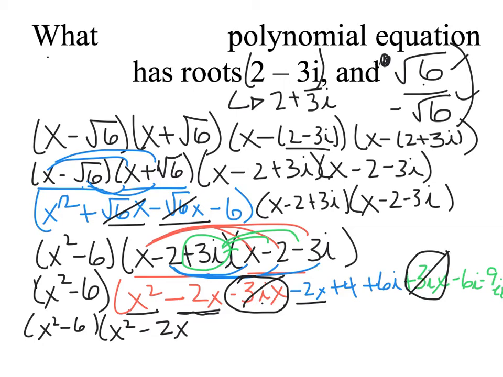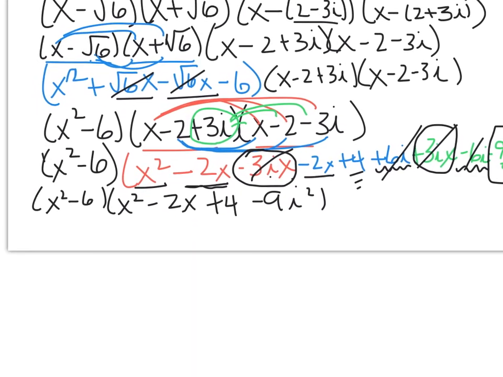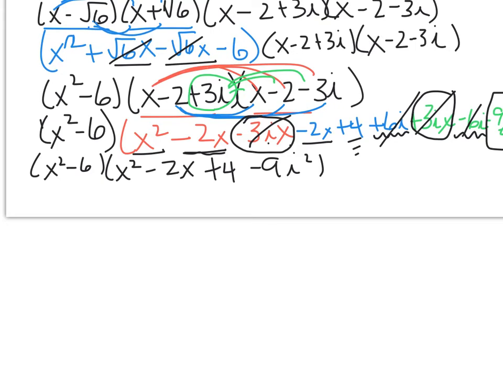And then we also have a plus 6i and a minus 6i. Again, those cancel out. We have a plus 4, and then we have this minus 9i squared. But even that can be simplified. So we're going to show you how that can be simplified, because you should never have i raised to a power, because you can always evaluate it.